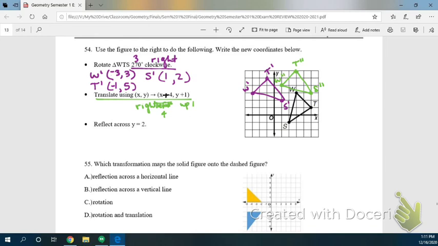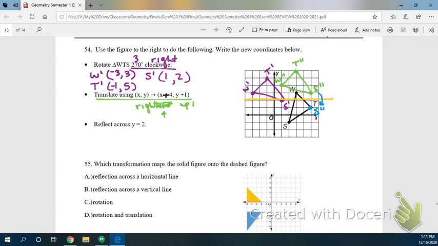Whew, all right, the last one is a reflection. I'm going to draw that reflection line in yellow. It's y equals 2, which crosses the y-axis at 2. So this is our y-axis. It needs to cross the y-axis at 2. That's a horizontal line. When I reflect that, I'm going to do this one in blue. I'm going to do my most recent, which is green, and I'm going to reflect it over that line. So my S will be here.